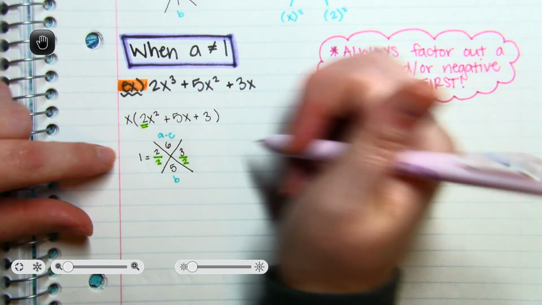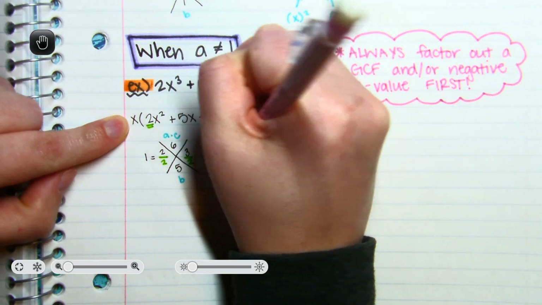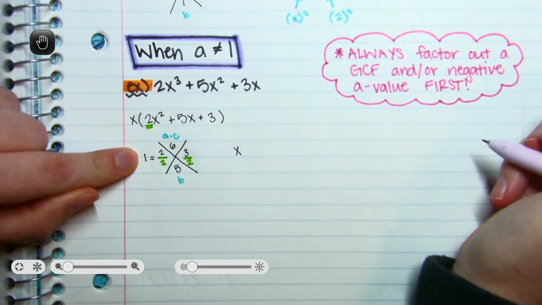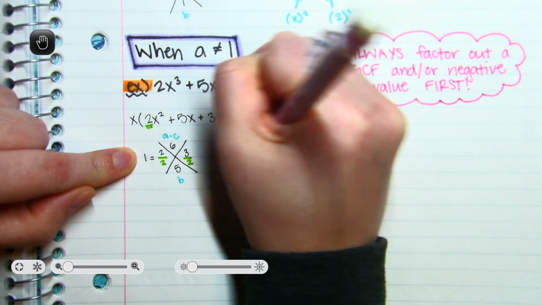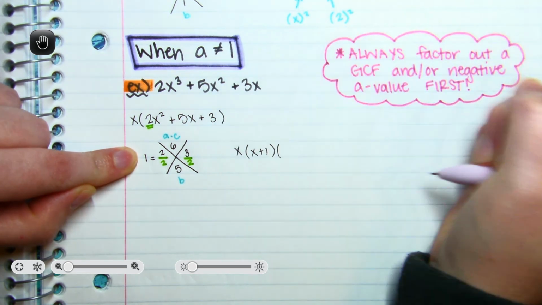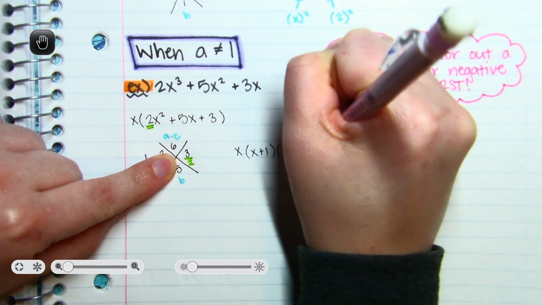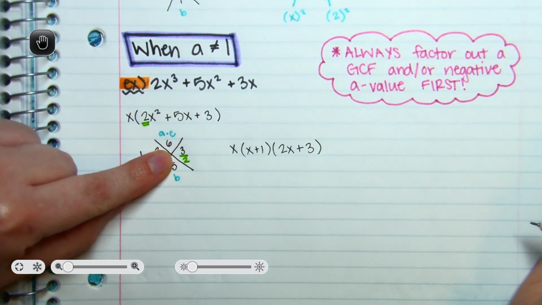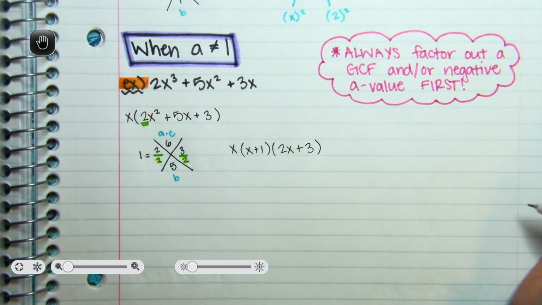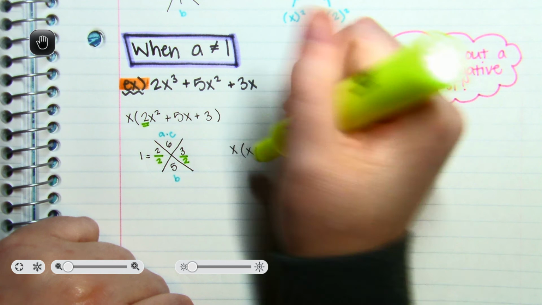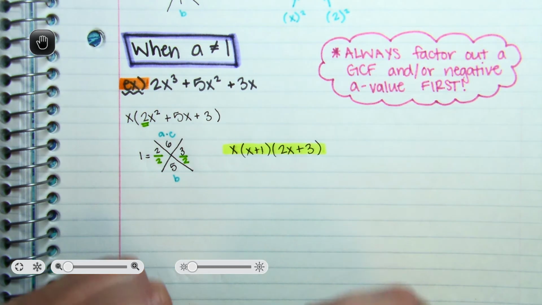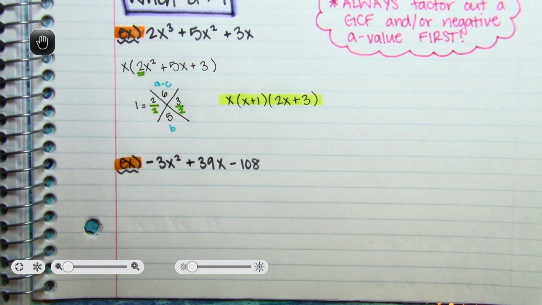So my final answer, I have the GCF out in front, so x, and then this positive 1 gives me the factor x plus 1, and then this 3 over 2 gives me 2x plus 3. Does anything factor further? You should have said no. We don't have any difference of squares. Nothing can be factored any further. So we're done.